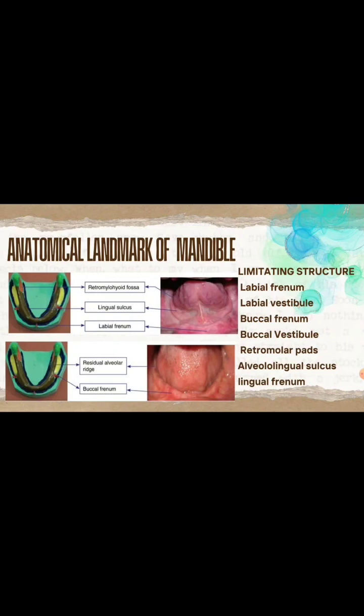Anatomical landmarks of the mandible. The limiting structures are the labial frenum, labial vestibule, buccal frenum, buccal vestibule, retromolar pad, alveolar linguosulcus, and lingual frenum.